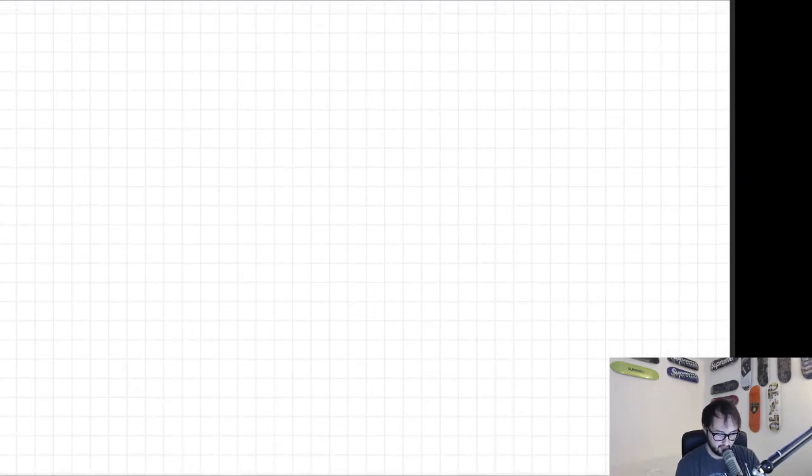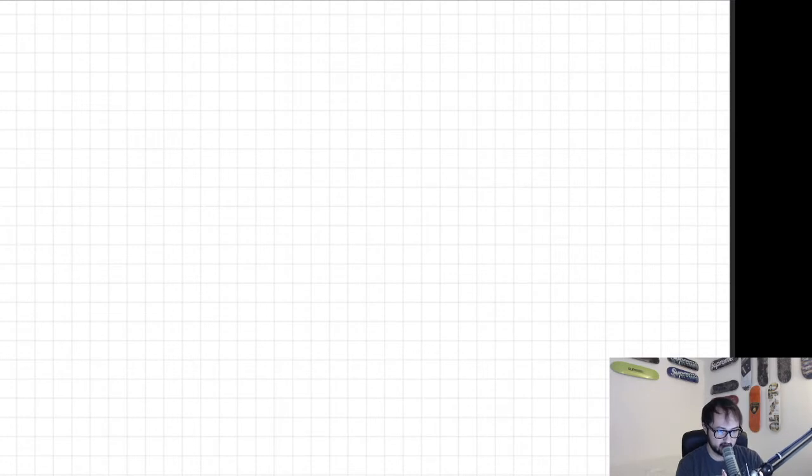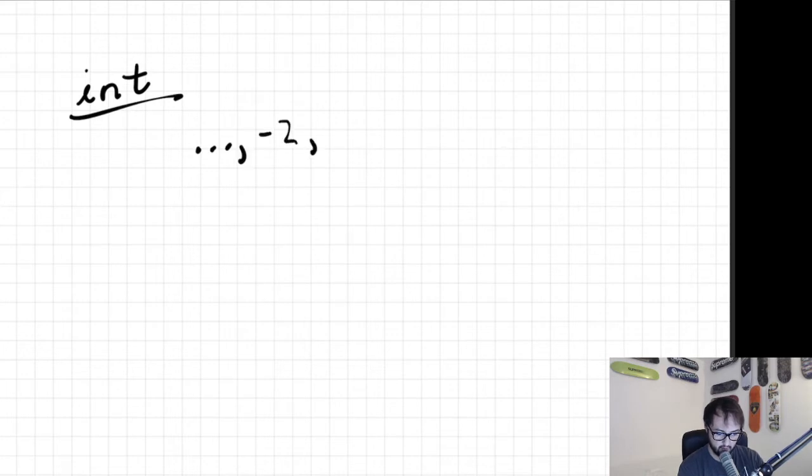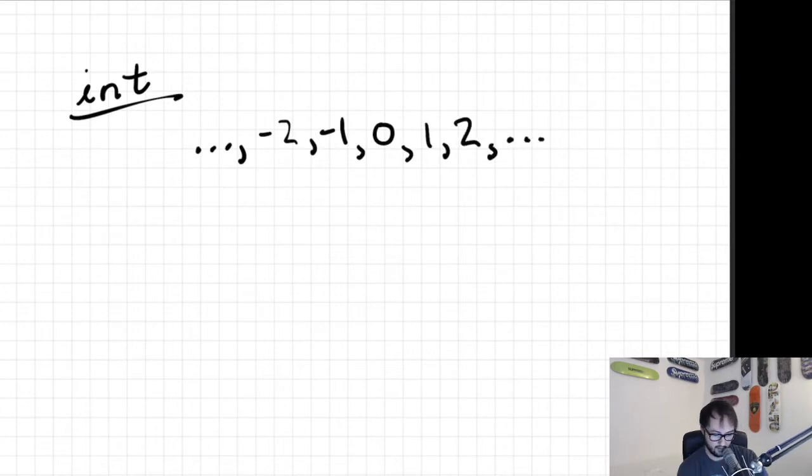We have a few different types of integral data types. The first one is going to be int. Int is going to be things like -2, -1, 0, 1, 2, and so on and so forth. They're whole numbers. They're not numbers like 2.3.